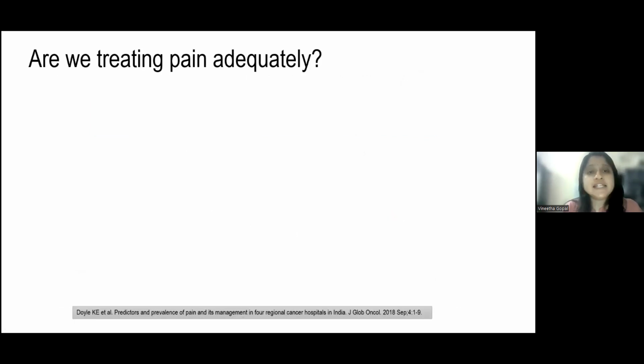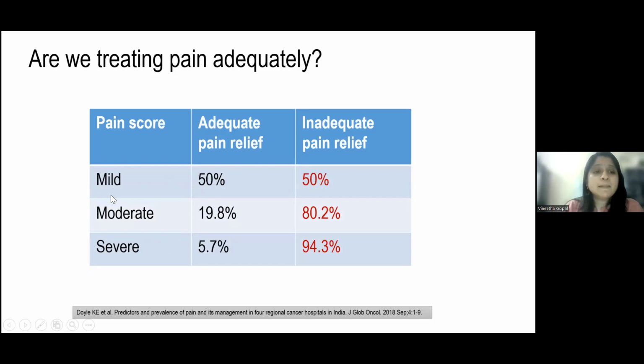Now, are we treating the pain adequately? In a study conducted in 2018, they found that for mild pain, we are giving adequate pain relief in 50% of cases. In moderate pain, we are giving adequate pain relief only in around 20%. 80% of patients are left more or less untreated.